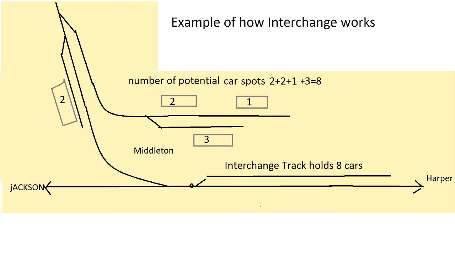That interchange could be 1 track or 2 or 3. It's got to be enough to hold all the cars for your industry. And then you can have your local engine come and pick those off the interchange track and begin delivering them to the industry spots. And if you only have one industry, you still could have multiple spots. And if you have two industries, you can have 3 or 4 spots at each industry, or each industry may have a spur, or you can have one spur that addresses 2 industries and still have multiple cars dropped off.